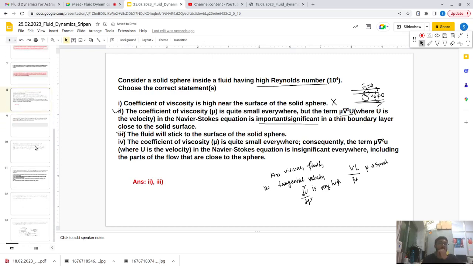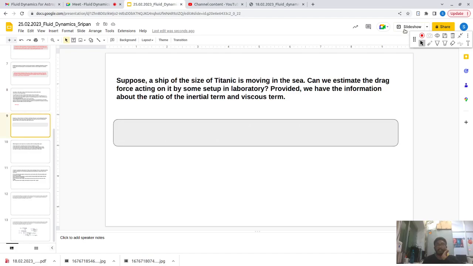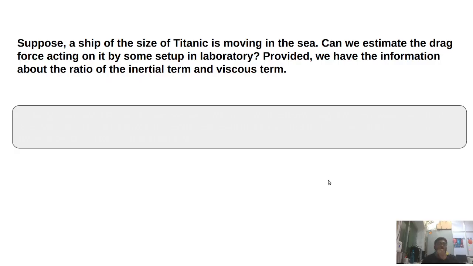Okay. Now the next question is here. Suppose a ship of the size of Titanic is moving in the sea. Can we estimate the drag force acting on it by some setup in the laboratory, provided we have the information about the ratio of the inertial term and viscous term?